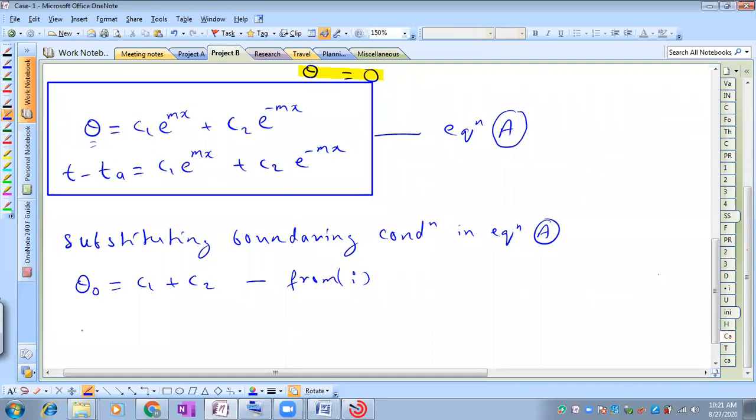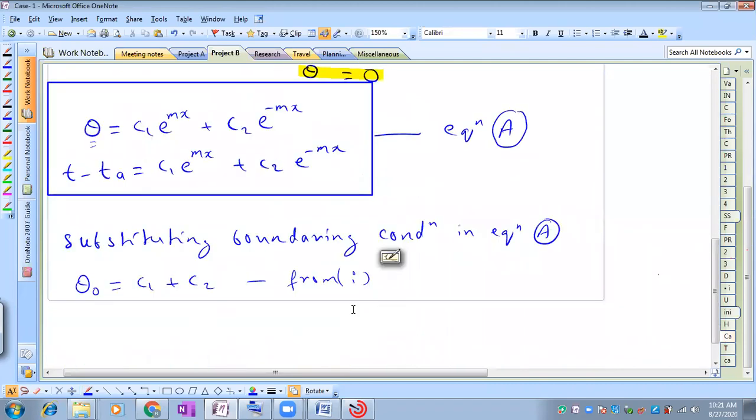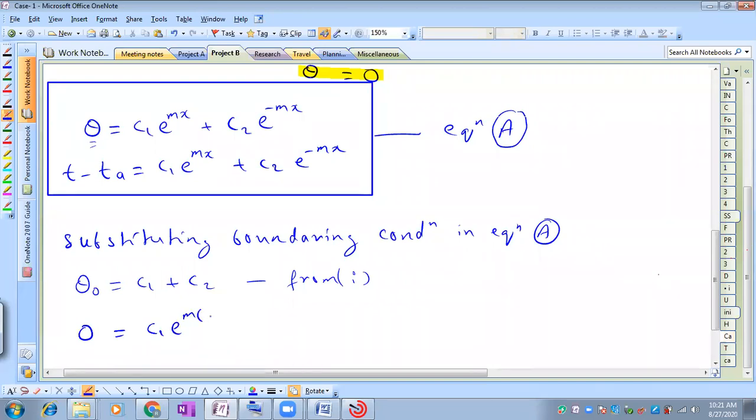Now if I apply the second boundary condition, what is the second boundary condition? At x is equal to L, theta is equal to 0. So if I substitute x equal to L at this place and theta is equal to 0 here, I'll be getting theta is equal to 0 is equal to C1 e raised to m into x is infinity, plus C2 into e raised to minus m into infinity.